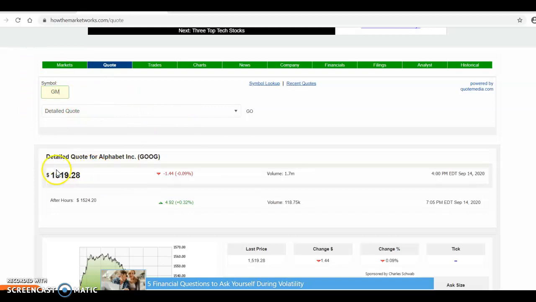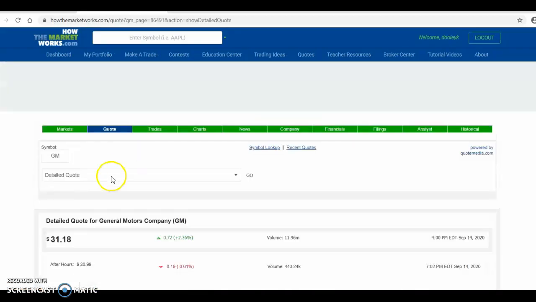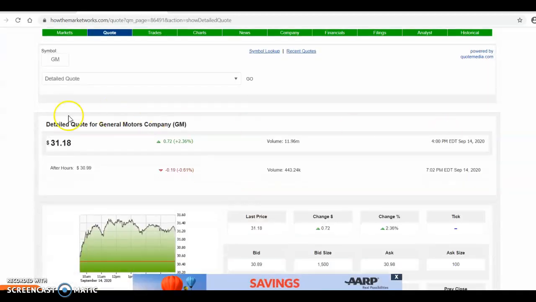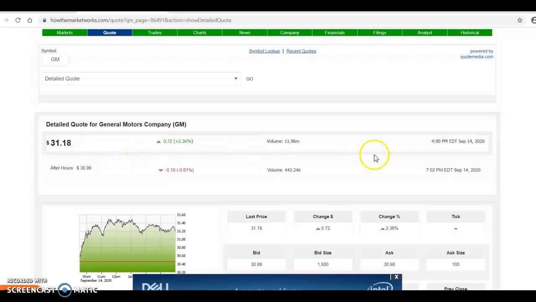So down here, oh, I haven't pressed enter. Okay, so I'm going to press enter. Okay. So down here, this $31.18 is the share price today. Now this is in the evening.